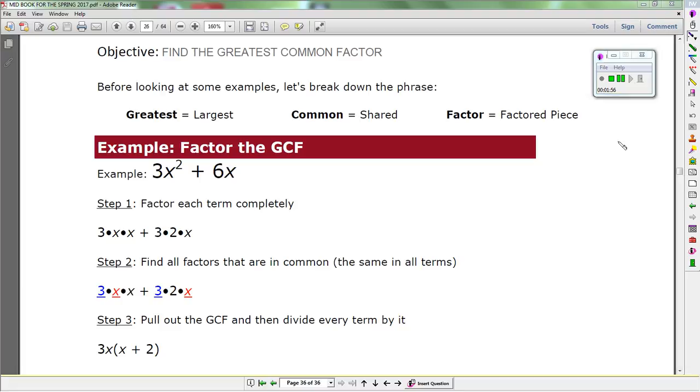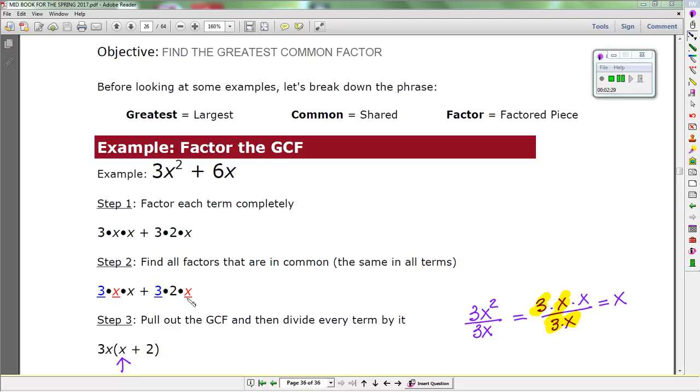So we divide each term by the common factor: 3 times x times x divided by 3 times x. The common factor divides out and it becomes 1. So now you are left with 1 times x, which is x. That's the leftover we have here.